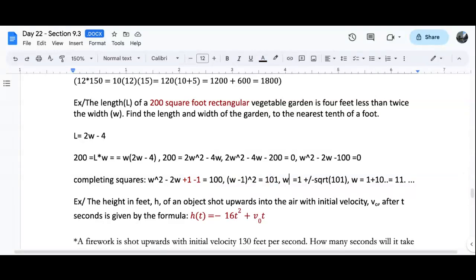With the square root, W, the width, equals 1 plus or minus the square root of 101. Which we can punch into a calculator. The square root of 101 is about 10, it's 10 point something. So the width is about 11. Then we plug into L to get the length.